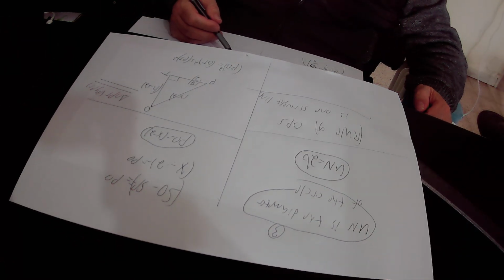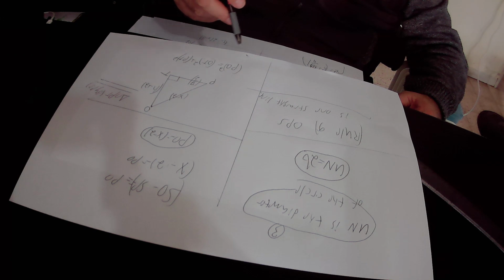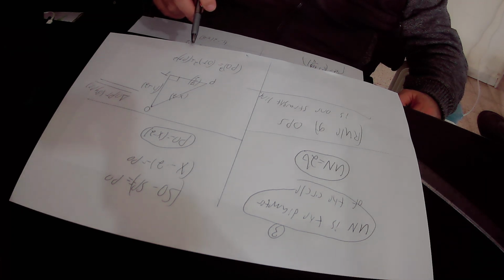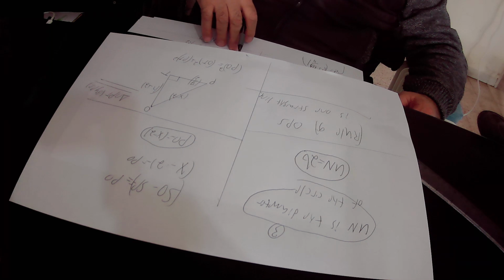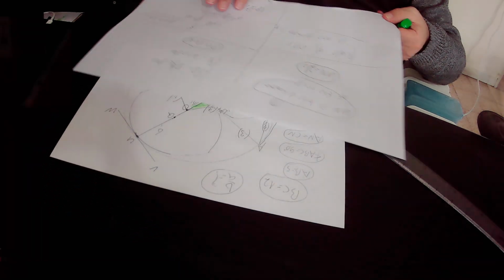And now we implemented the Pythagoras theorem on the right triangle POT. According to the Pythagoras theorem, PO squared equals OT squared plus PT squared.